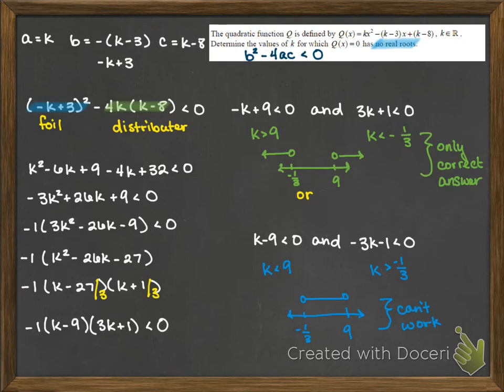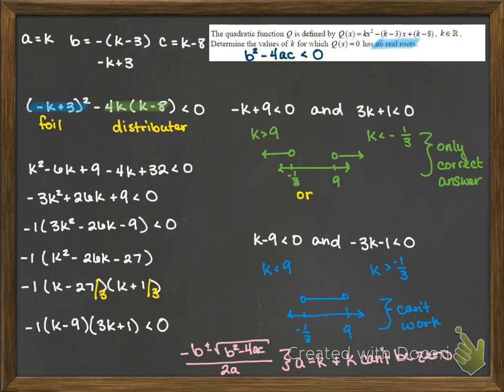And here's the reason. If we go back to the quadratic formula, we have -b plus or minus the square root of b squared minus 4ac all over 2a. So remember, in our top equation, our a value is k, which means k cannot be 0.